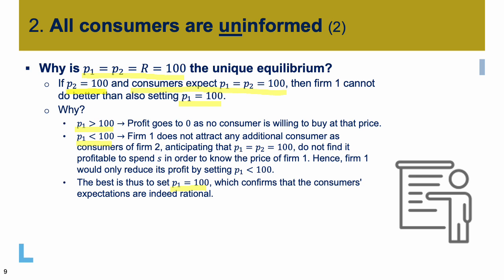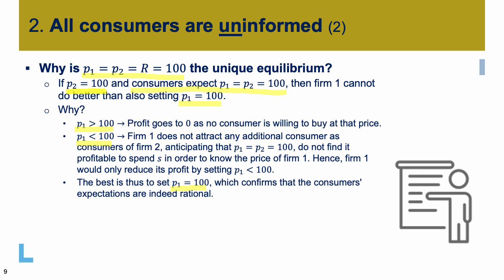Consumers make the optimal decision they can make in terms of buying and in terms of searching, and the anticipation they were making, the expectations they were having, are confirmed at equilibrium. So this is an equilibrium, and Diamond shows that there is no other one.